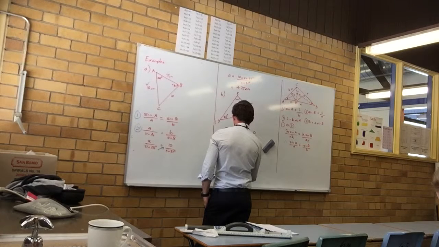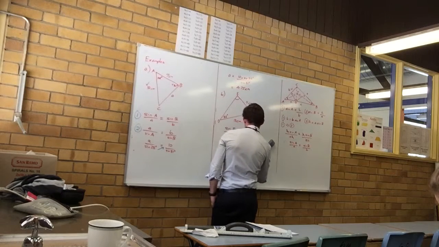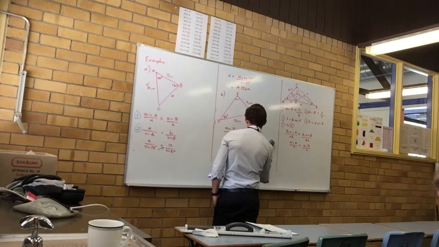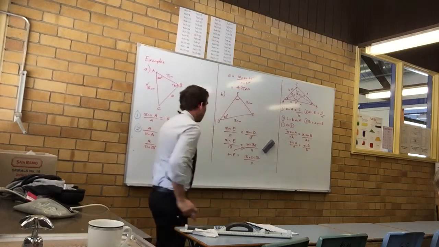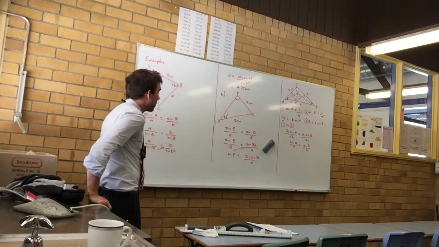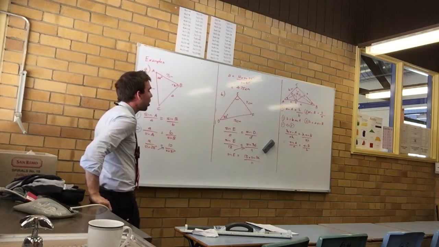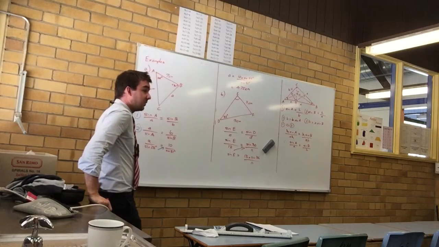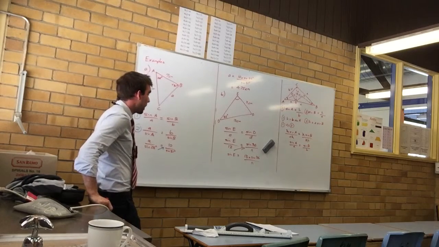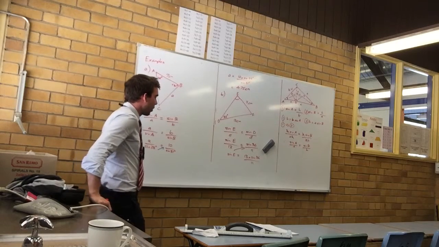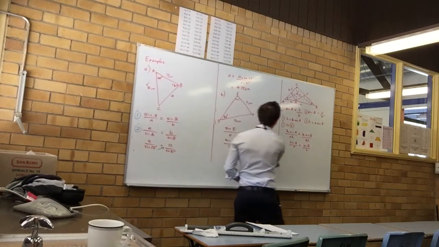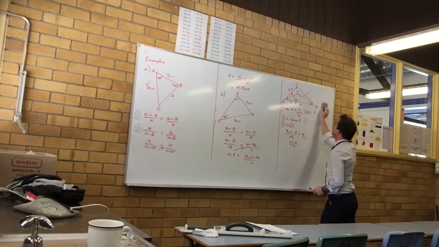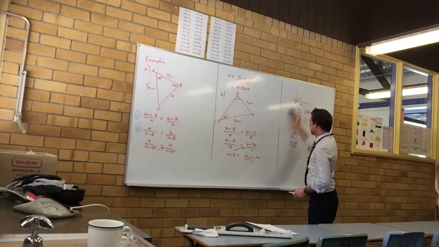So sine of capital E is going to be 13 times sine of 36 over 11. Make sure you get in the habit of writing 13 times sine 36, not sine 36 times 13. If you're going to do it that way, you need to be careful how brackets are. We don't put that in your calculator yet, because there's one more thing you need to do.